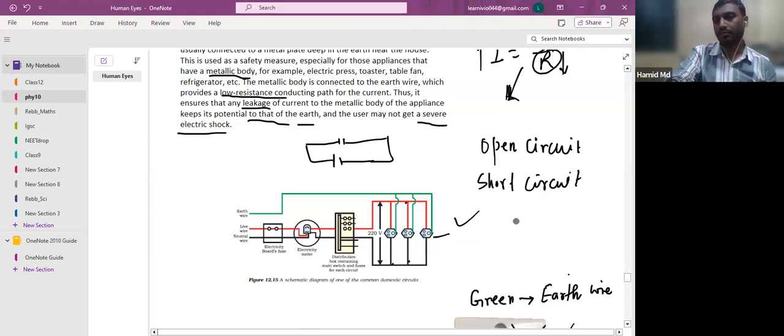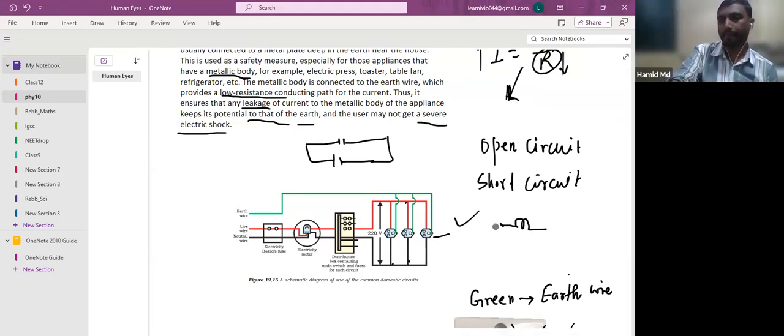So tell me, I have a situation. This is a bulb, and this is a battery. This is a switch. I have connected the switch. The switch is on and this bulb is glowing, right?